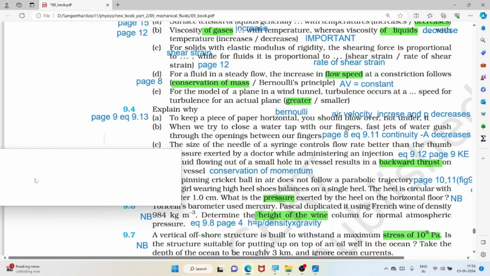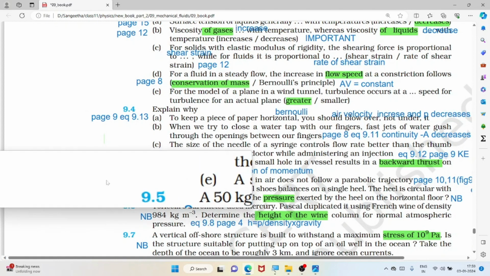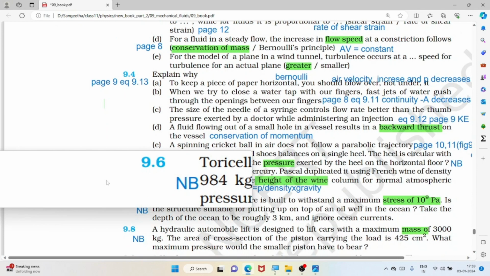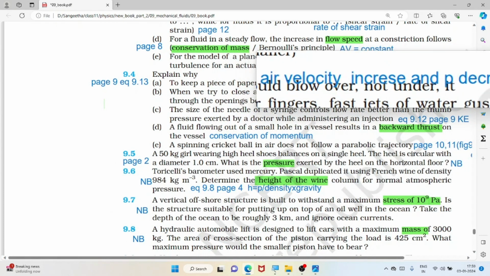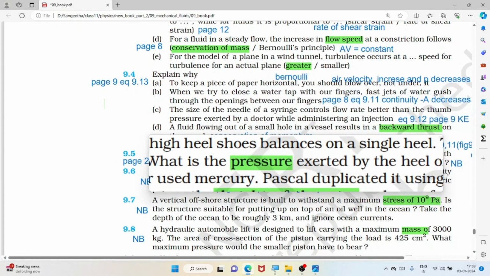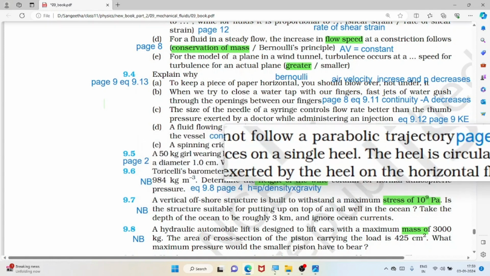For a model of a plane in a wind tunnel, turbulence occurs at a greater speed. Explain why. To keep a piece of paper horizontal, you should blow over, not under it. When you blow over the paper, the velocity increases and pressure decreases above the paper, but below the paper there is atmospheric pressure, so the paper will be in a horizontal position.